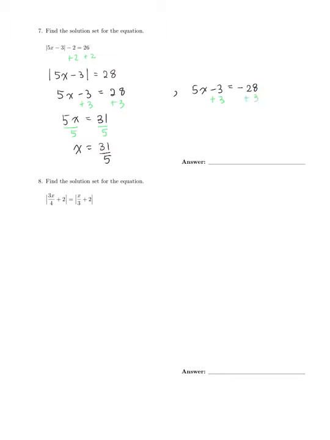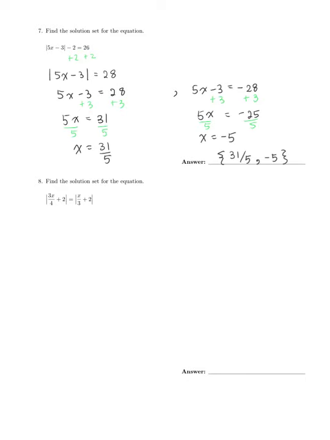Then here, what we're going to get is 5x equals negative 25. And then dividing by 5, here we're going to have x equals negative 5. So we have a solution set: 31 over 5, comma, negative 5.